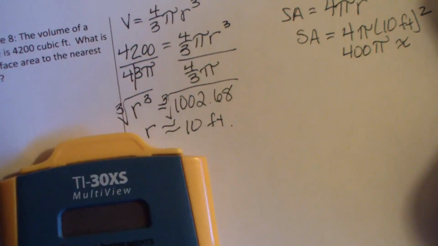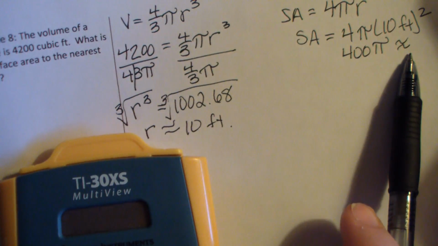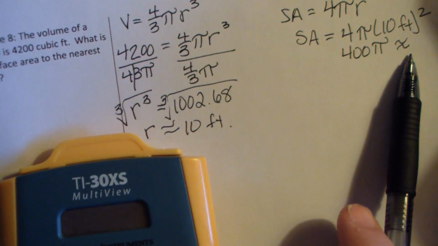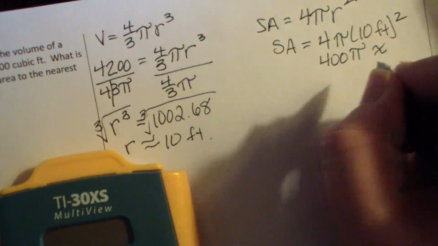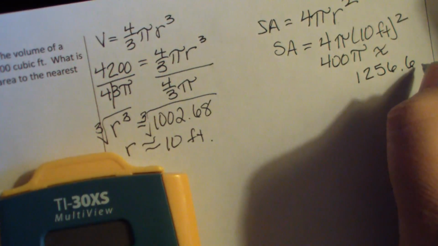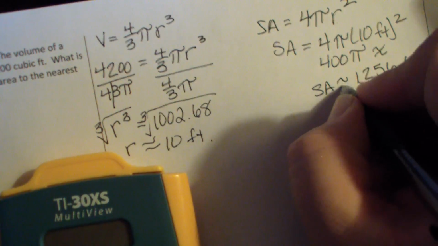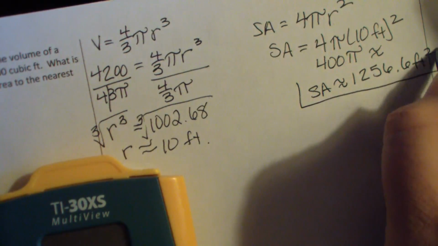It wants it to the nearest tenth. So 1,256.6 feet squared is our approximate surface area.